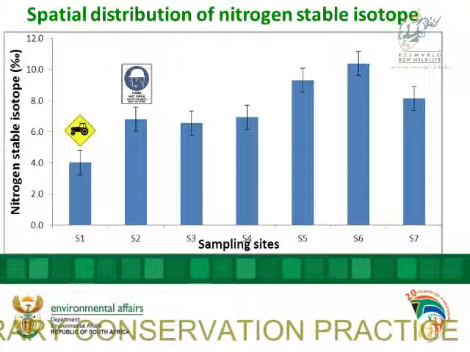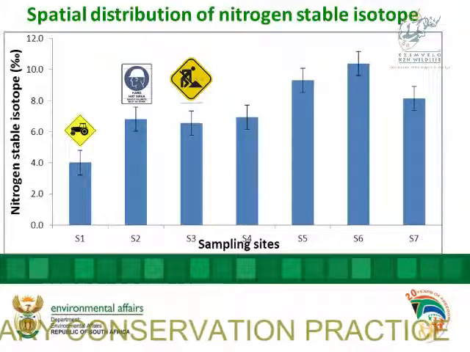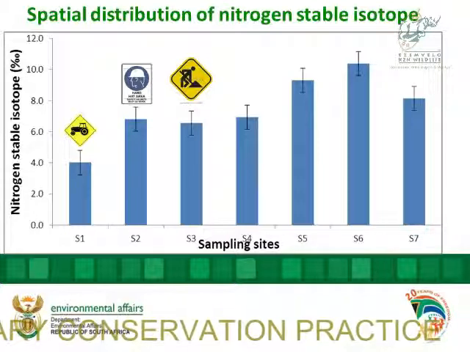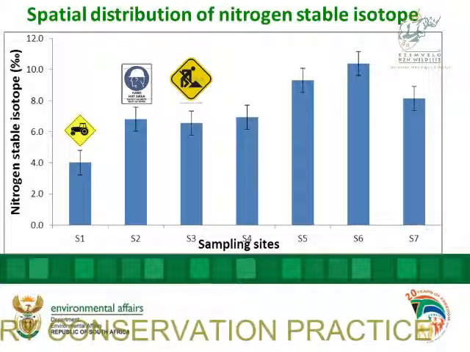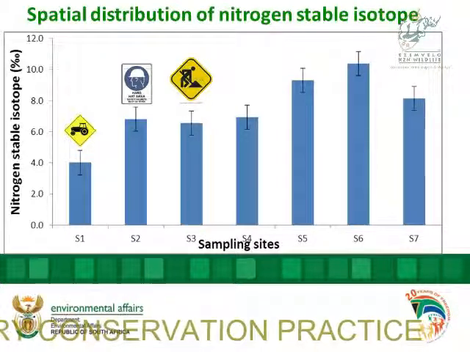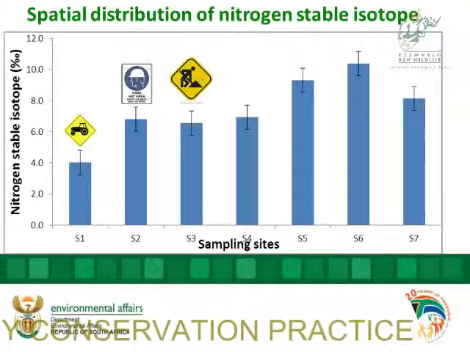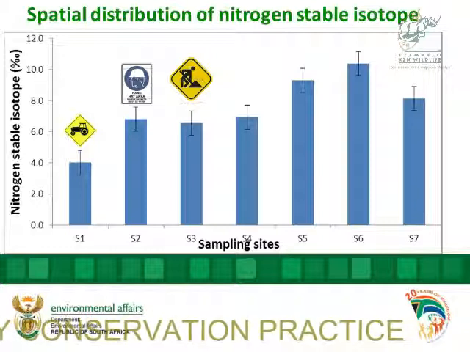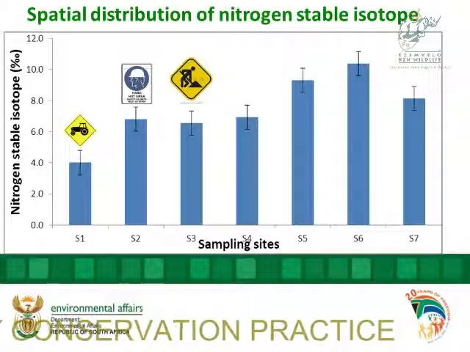But coming to Site 3, where the dominant land use was sand mining, the signatures were slightly depleted compared to Site 2. And we attributed that to the fact that when the silt is washed towards the system, the sediments change, and the change in sediment leads to losses of nutrients, as the sediments, the silt, have loose particles.